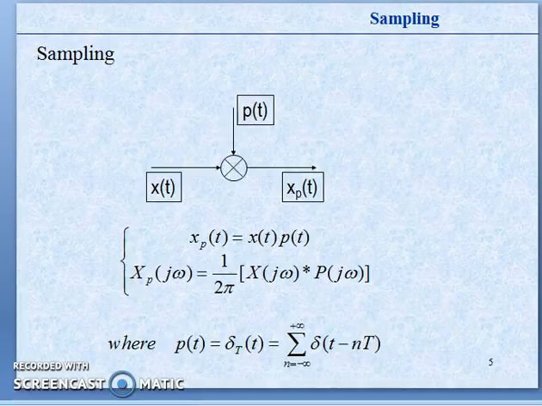Xp of j omega, the frequency domain representation of the sampled signal, is equal to 1 by 2 pi X of j omega convolved with P of j omega, as we all know that multiplication in the time domain is convolution in the frequency domain, where p of t that we have taken is an impulse train existing from minus infinity to plus infinity at regular intervals of nT.